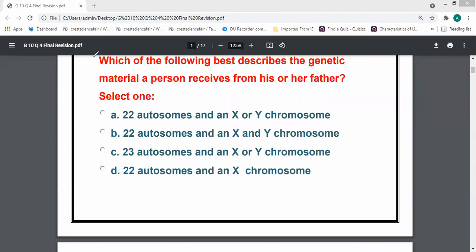Excellent. And if it carried both, it would be 24 autosomes. So, right, cannot. First one: 22 autosomes, which means somatic chromosomes, and chromosome number 23, maybe X, maybe Y, from the father. The father has both of them, but just gives the offspring one of them, X or Y.